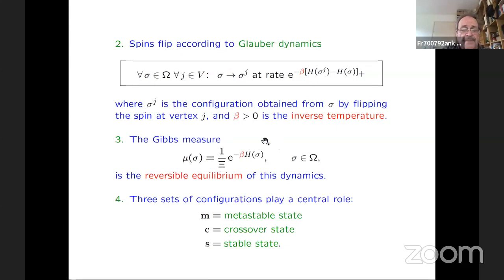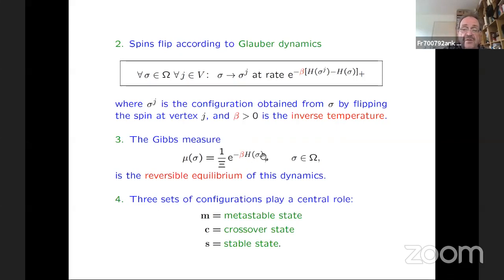And then there is a Gibbs measure, which is e to the minus beta H of sigma on that configuration space. And you need to normalize it by a partition function. And the reference measure that we're going to take, so the measure that we take if there would be no interaction at all, is in this case going to be simply the counting measure.